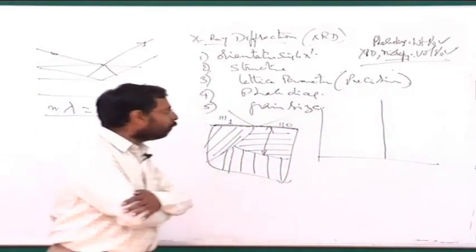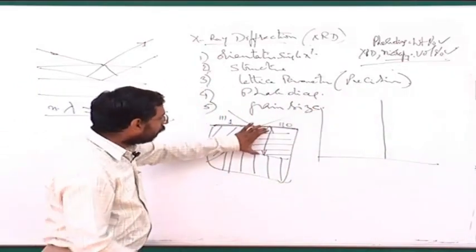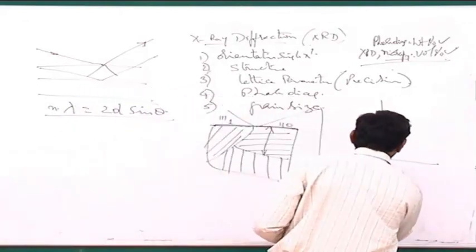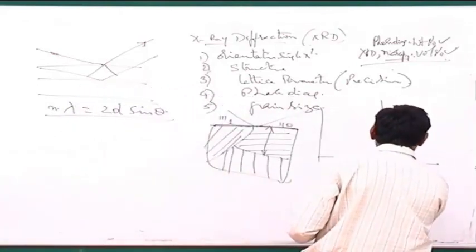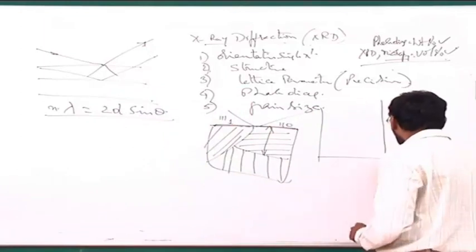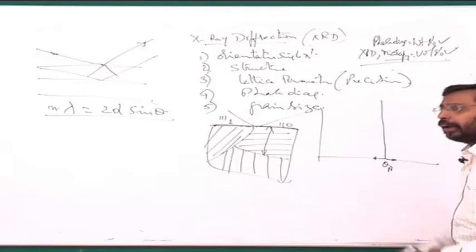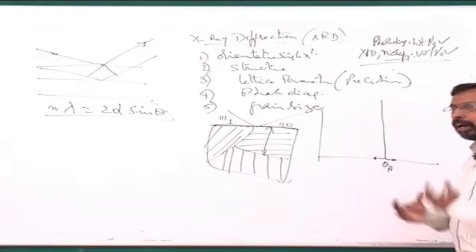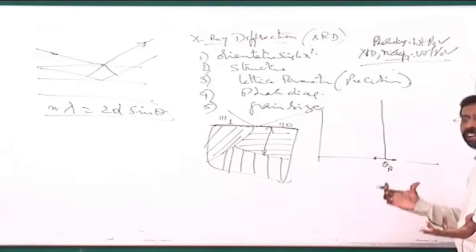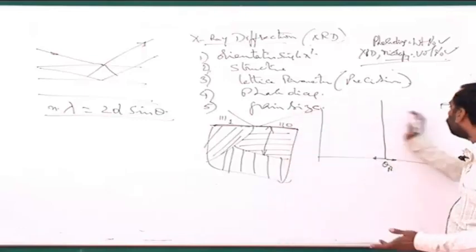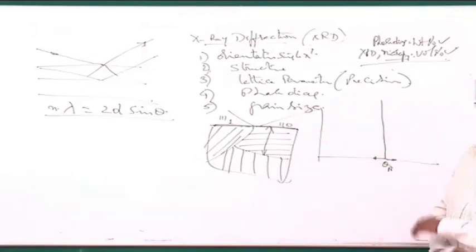But what we usually see is this. In principle, if my theta is slightly larger or lower than the Bragg angle, all the diffracted beams coming out will not have constructive interference, and as a result of destructive interference, the intensity should be 0 on both sides.